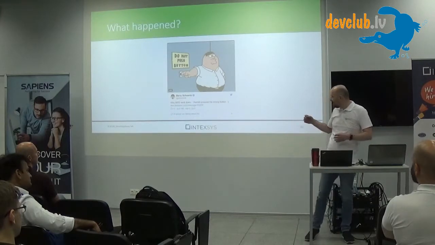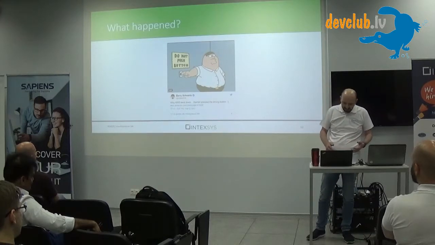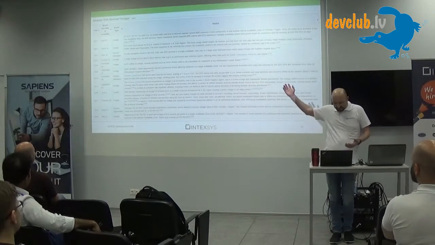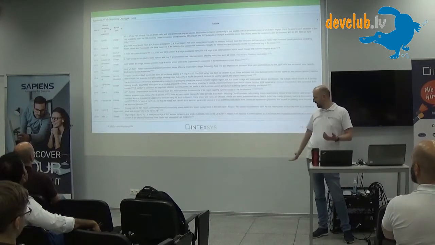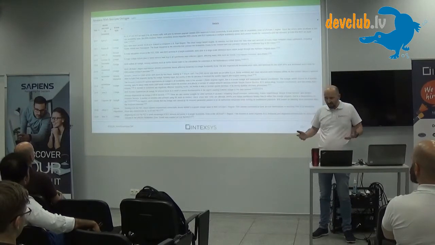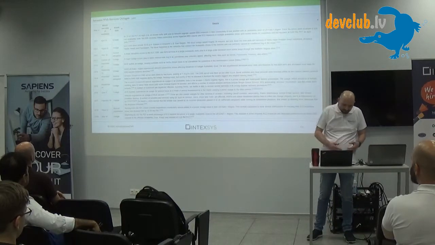Maybe the numbers are not exact, but you get the idea. And here's a screenshot of a Wikipedia page documenting all AWS outages. So it happens. It's not a very frequent thing, but it does happen.